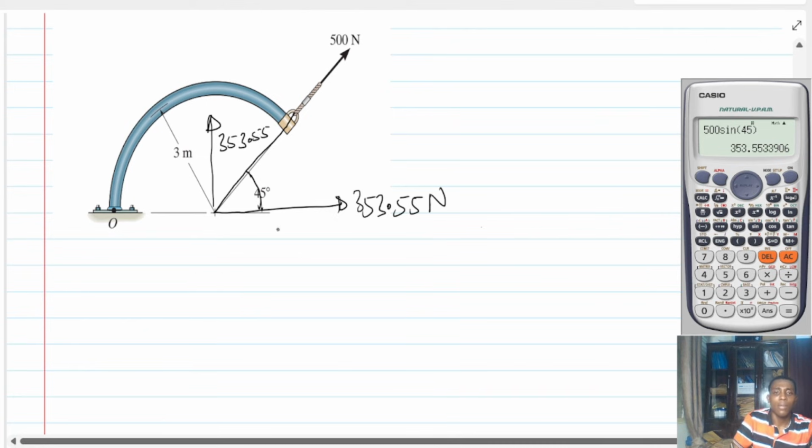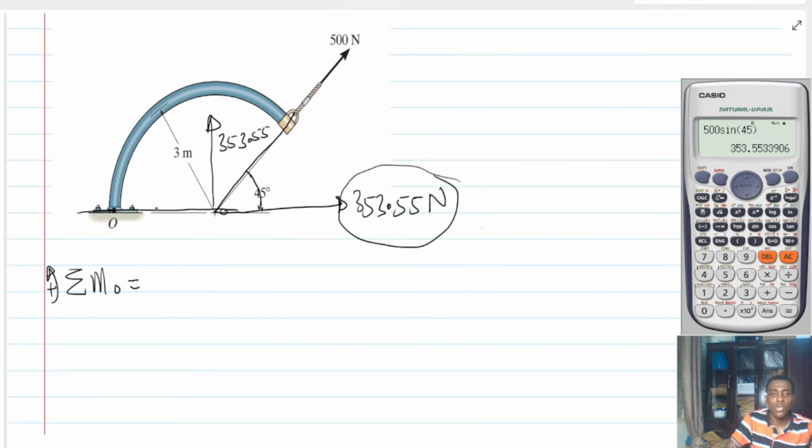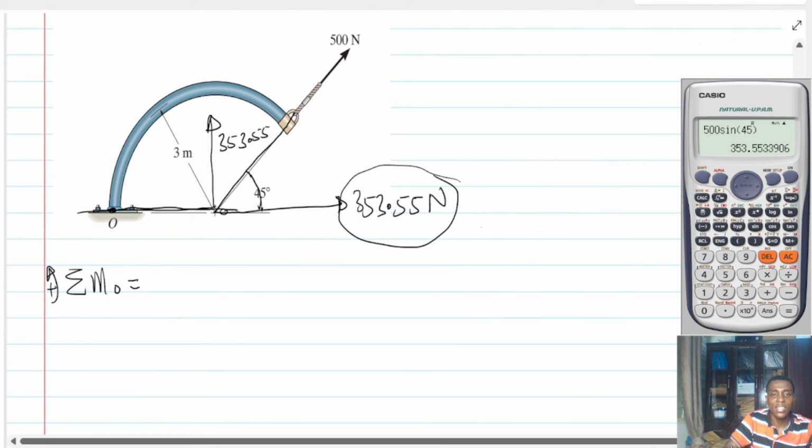353.55. But the issue is, if I use the principle of moment, summation of moment about O, counterclockwise is positive. What will happen is that since this force is passing through the line of action of O, or passing through the point, it does not create any moment. However, this force is going to be perpendicular, and the distance here is the same as the radius.